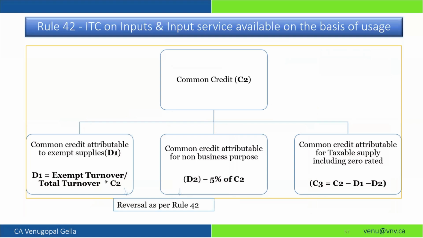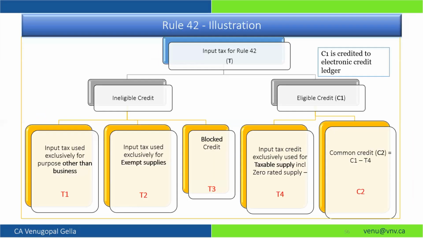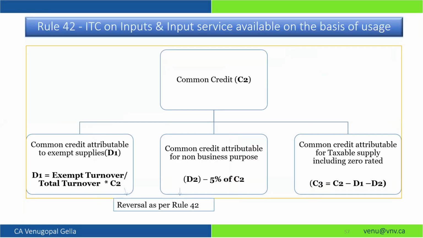Now, as sir said, on common ITC you have to do your proportionate reversal based on the turnover, that is exempt turnover, which we discussed how you will derive the value, divided by total turnover. That proportionate reversal you need to do, and you need to report in your GSTR 3B. The reporting in GSTR 3B we will deal with in further slides.